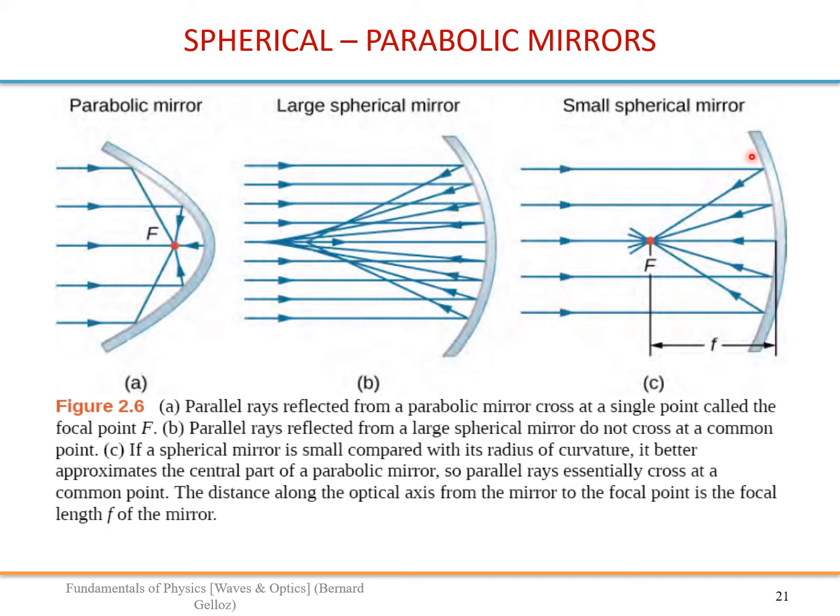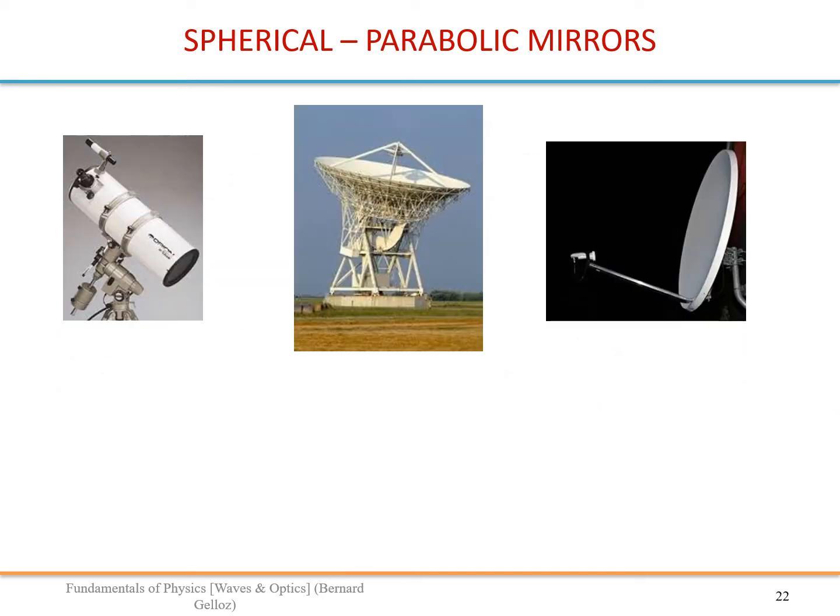So why do we study spherical mirrors and not only parabolic mirrors? Because it's cheaper, especially for everyday use. It's cheaper to make spherical mirrors rather than parabolic mirrors. Of course, parabolic mirrors are used when you really need the precision and you don't care much about the price, or you can afford it.